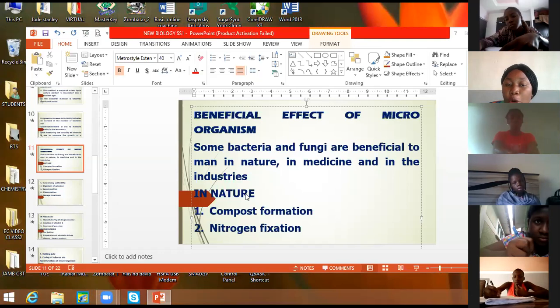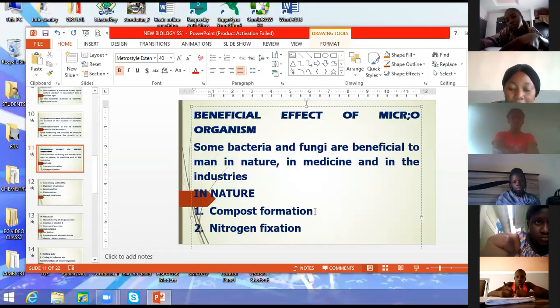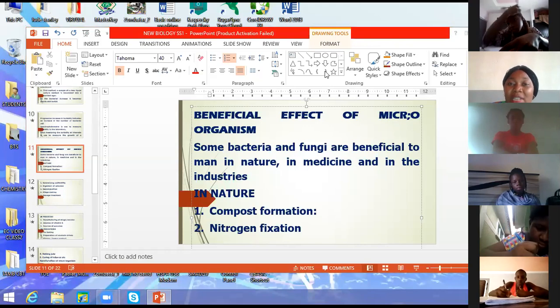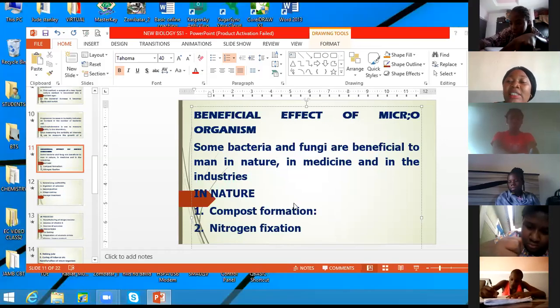Now, in nature, number 1 is compost formation. You put a semicolon like this and explain. You can also write what I'm saying. That is why you ought to listen. Compost formation: some bacteria are used for compost, like fertilizers. They increase soil fertility.